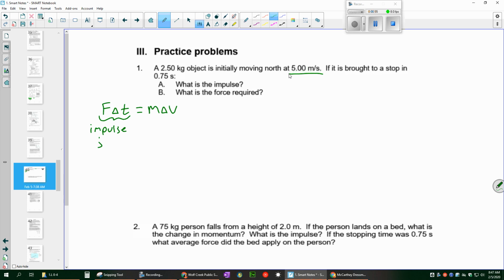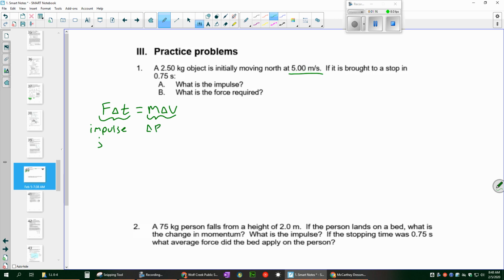And this is my change in momentum. That's the theory part. I just need to get those things separate. They actually are equal to each other, but when they ask for one, technically impulse is force times time. Now, mass times velocity, that's your change in momentum, triangle P.